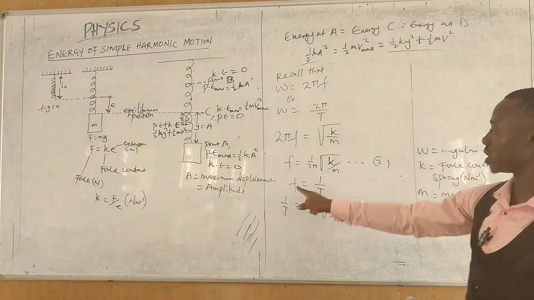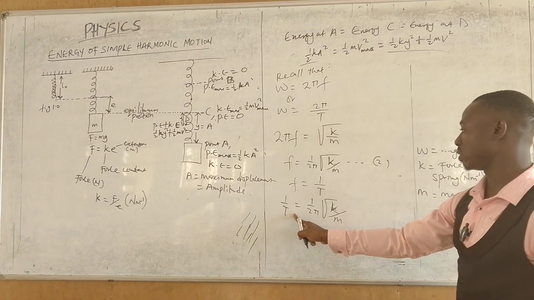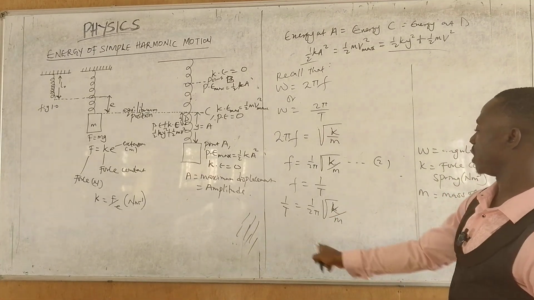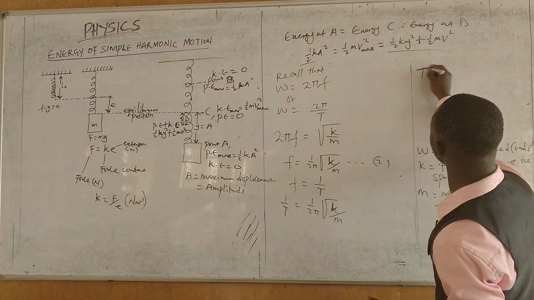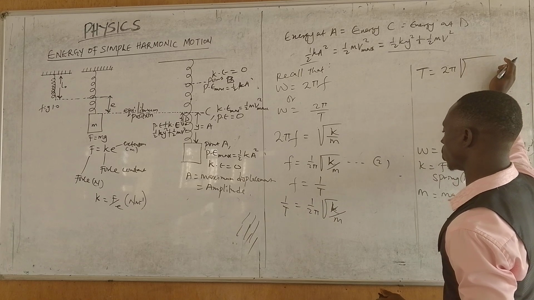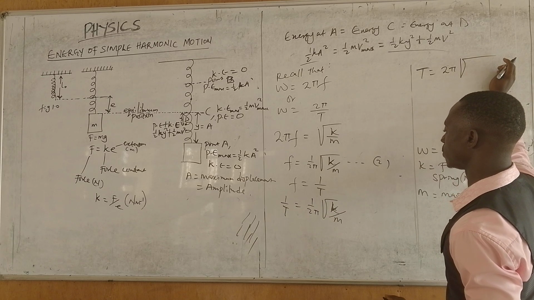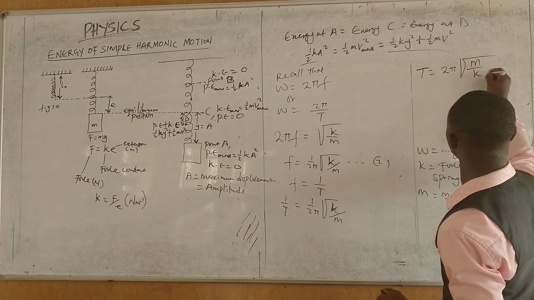The period. What is f? Frequency. Make T the subject of formula again. If you simplify this, T will now be equal to 2 pi root what? M over what? M over k.